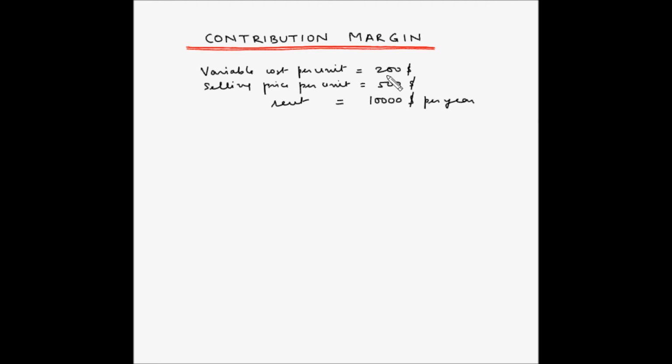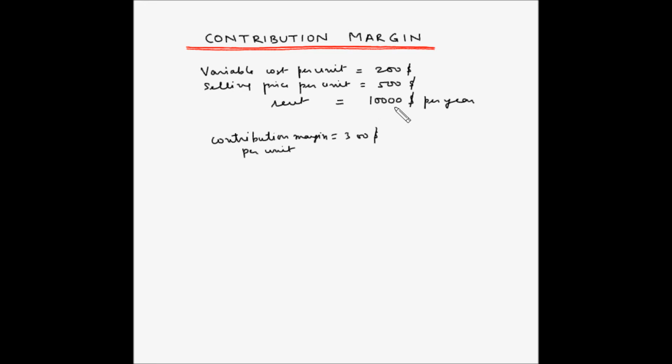And this difference of $300 is known as the contribution margin. Since this is for a single unit, this is contribution margin per unit.